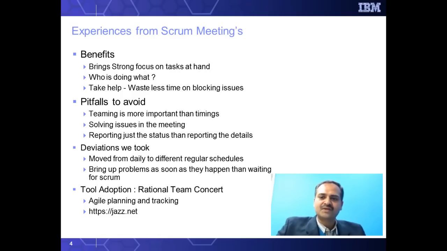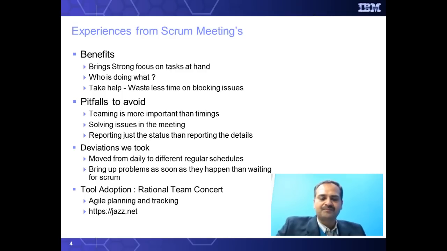Some of the deviations we took: we started on a daily basis, and then we realized that there's not much value we are getting from every day's meeting. So we varied the schedule from daily to different regular schedules. At times we would do 3 times a week or 2 times a week, depending on the work at hand or the priority of the task at hand.